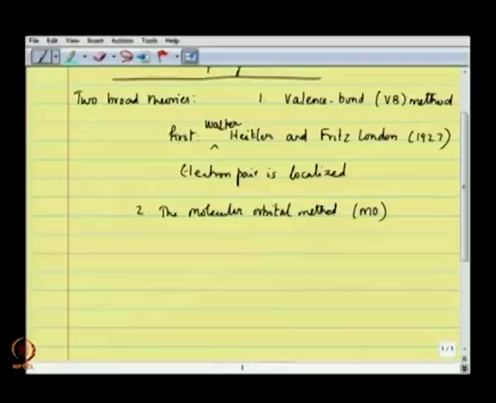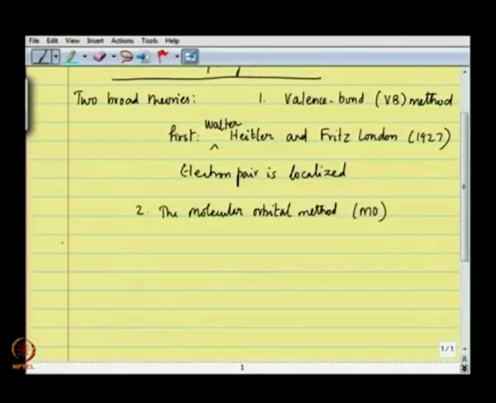So we shall look at the molecular orbital method to start with, and then come back to the VB theory later.